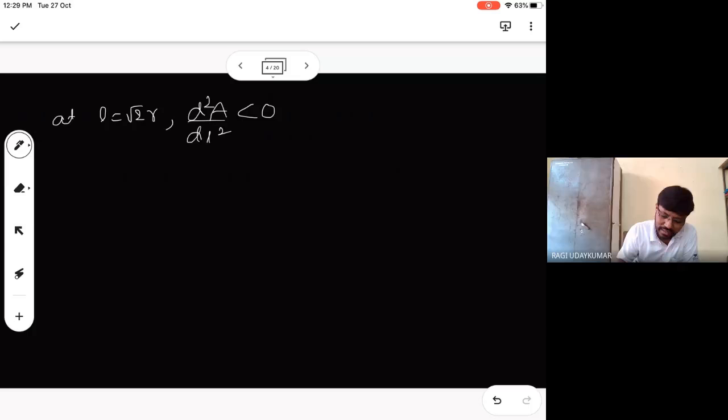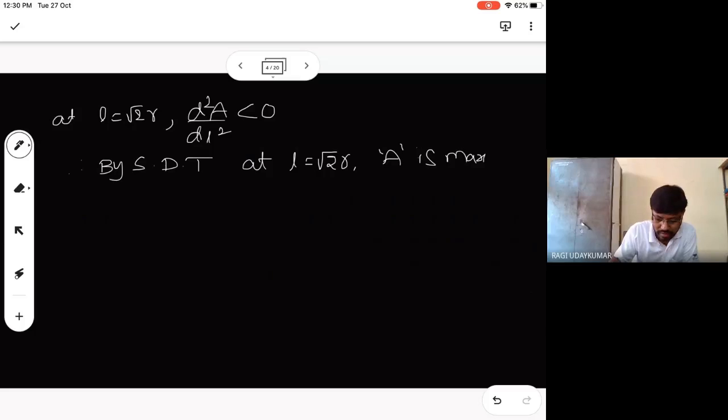Therefore, by the second derivative test, at L equal to root 2R, the function value A is maximum. A is nothing but area. In this place, A is nothing but area. This area is maximum at L equal to root 2R.